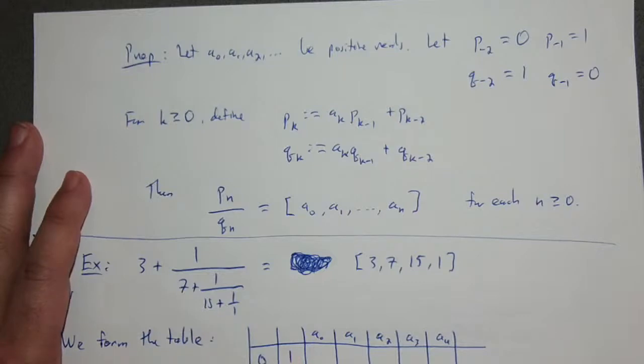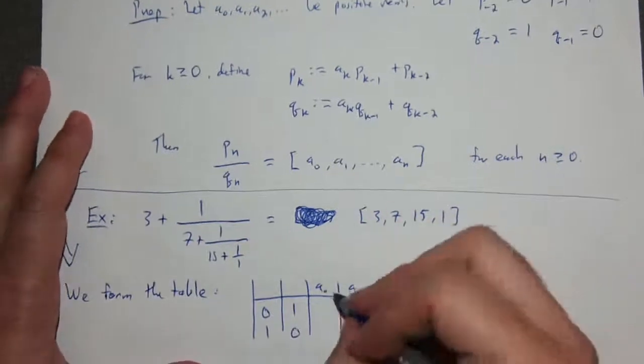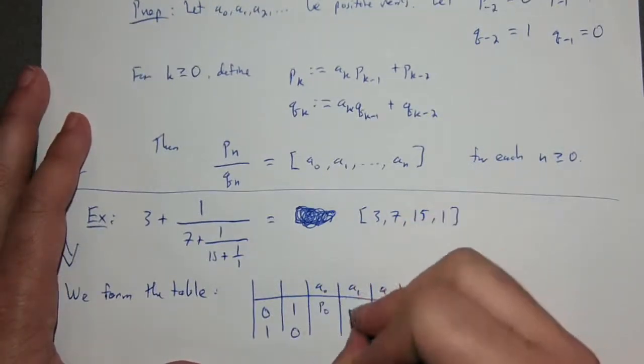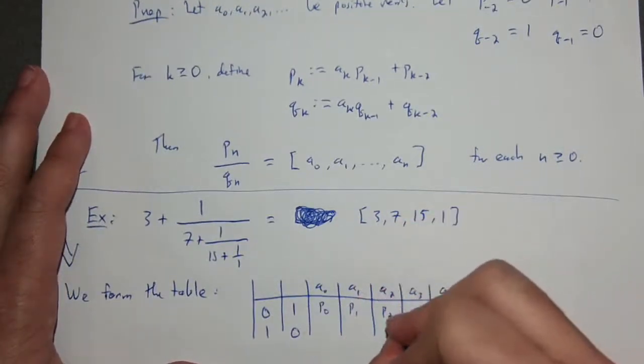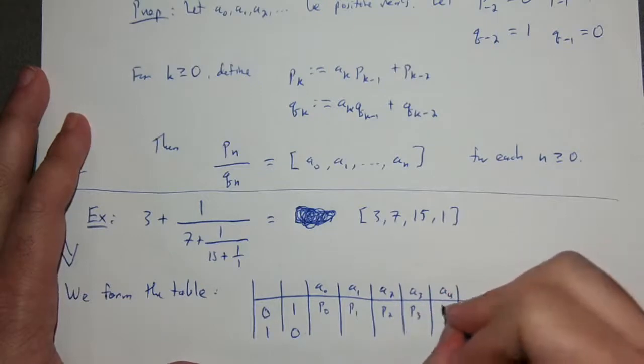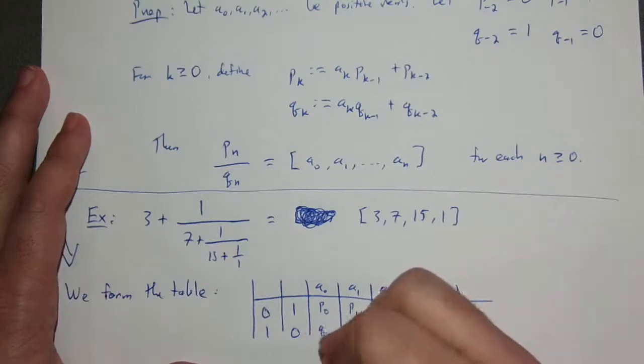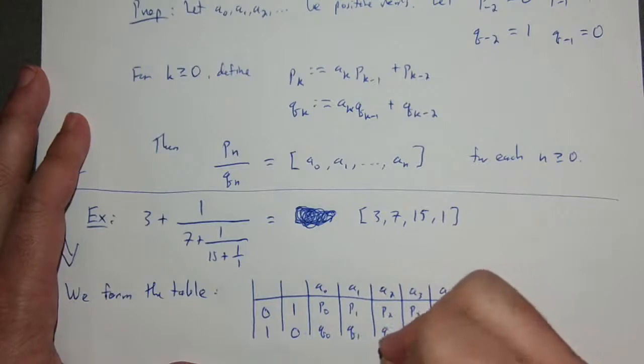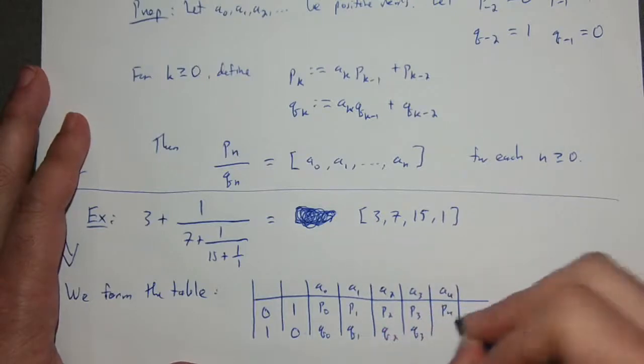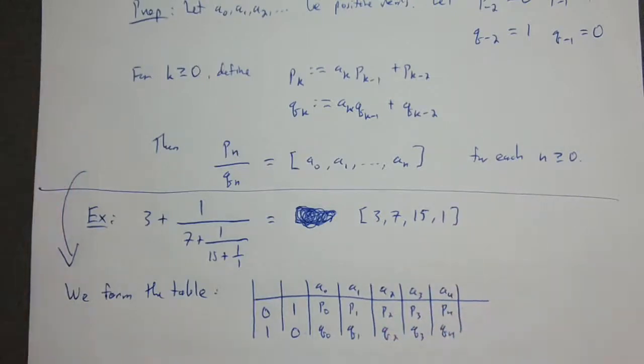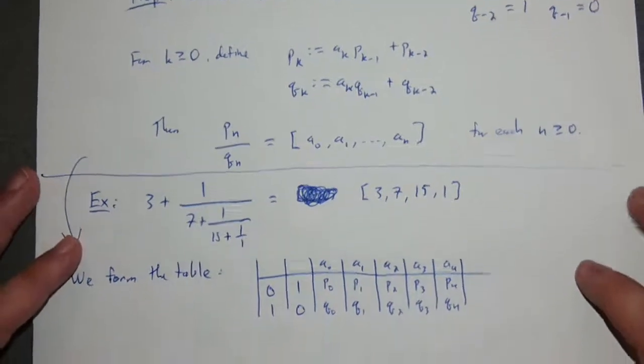Here's Q sub minus 2 is 1, Q sub minus 1 is 0. What goes in these entries is P naught, P1, P2, P3, and P sub 4, and same thing with the Q's. You'll see how we compute them in a second. And then if I want my fraction in question, I just take the ratio P sub k over Q sub k. At any step that gives me varying approximations, right?